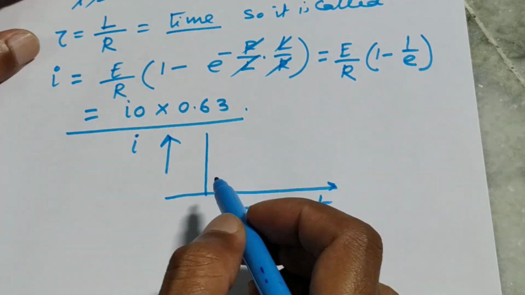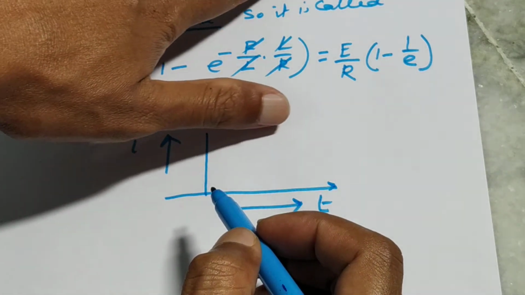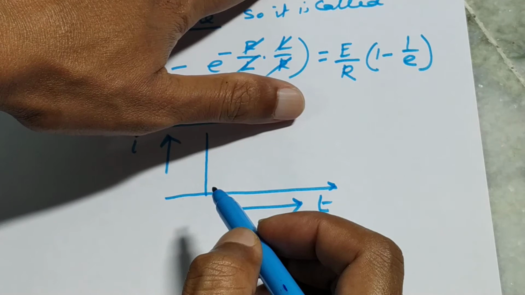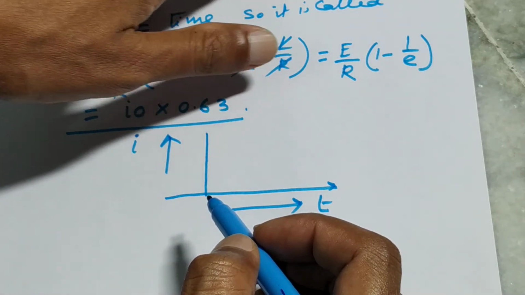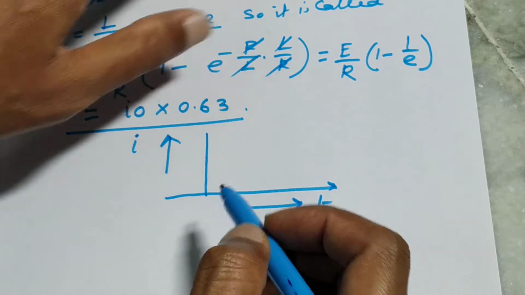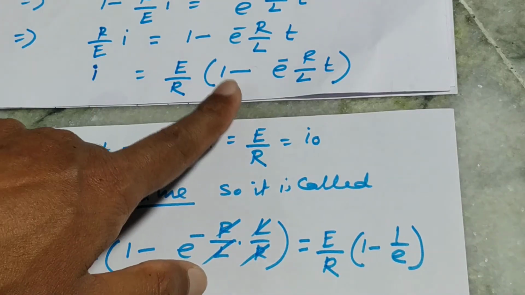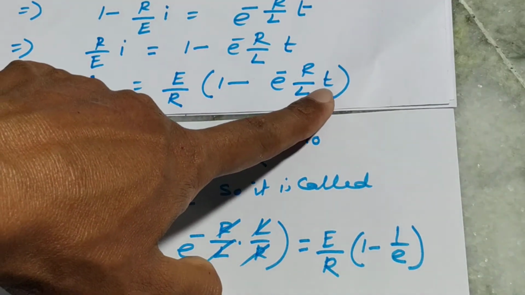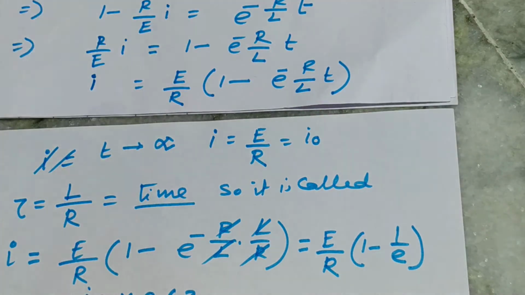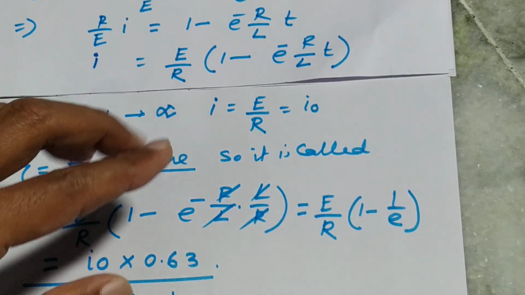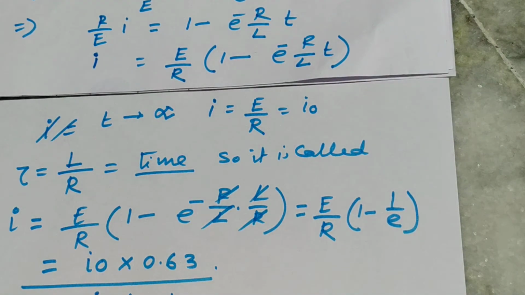Okay, at t is equal to 0, let's see the equation. If we substitute t is equal to 0, exponential 0 equal to 1, so 1 minus 1 equal to 0. So at t is equal to 0, current in the circuit is 0.